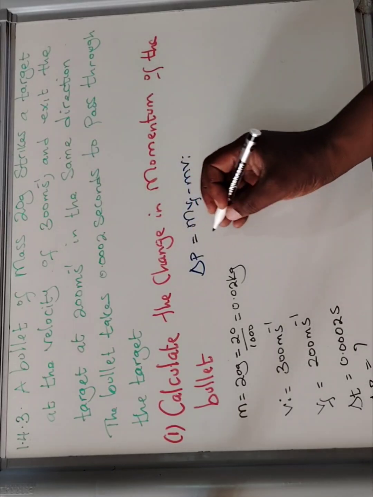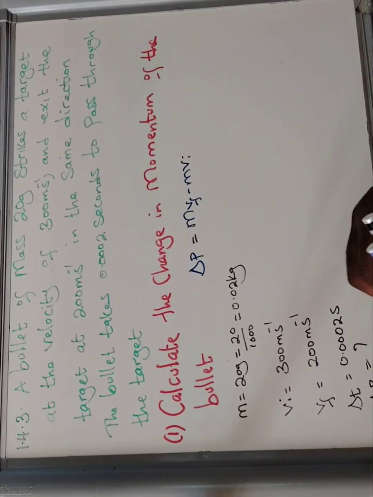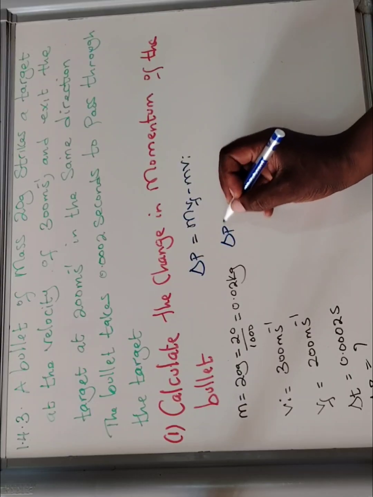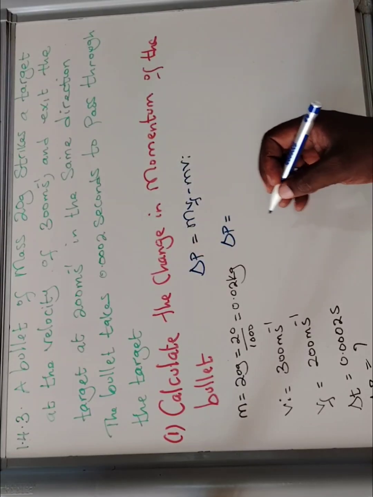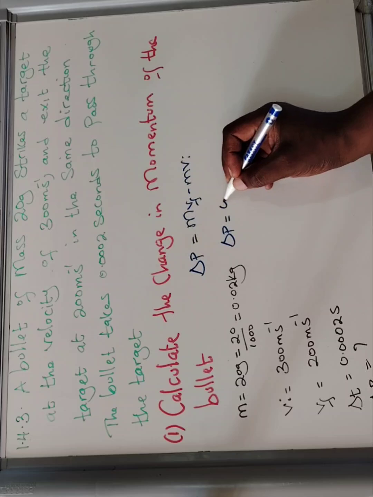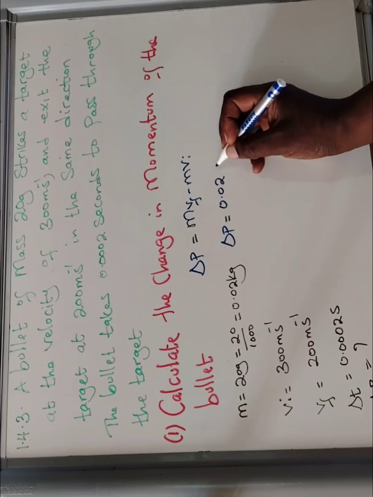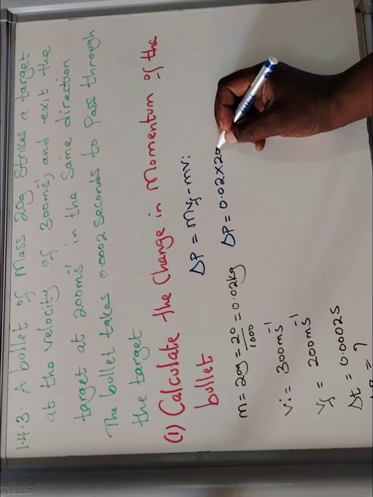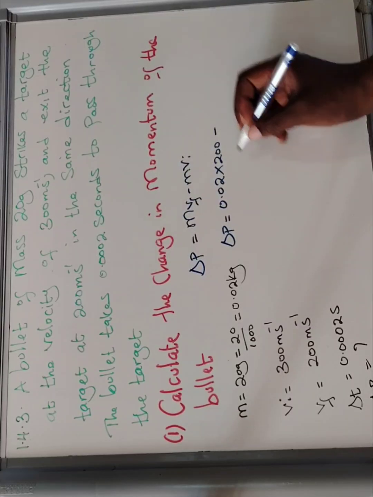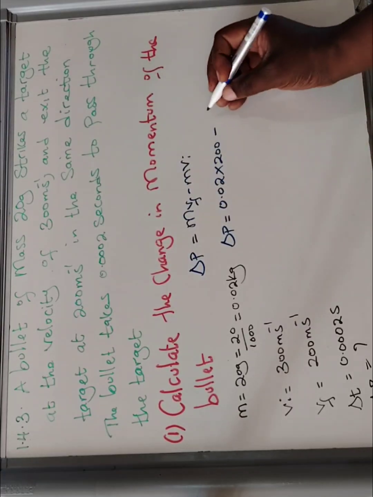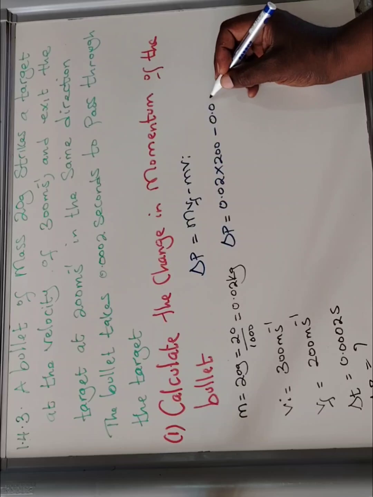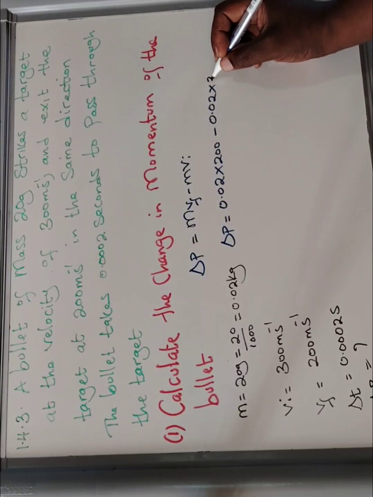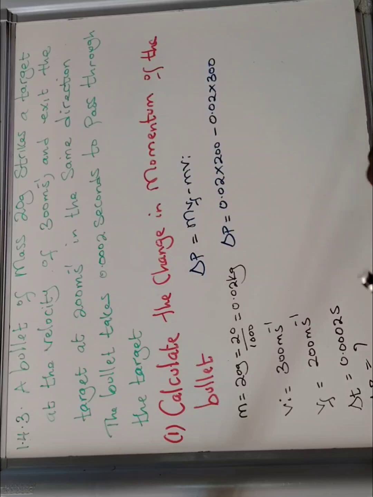So what are you going to say? We are going to say that change in momentum is equal to mass, which is 0.02, times the final velocity, which is 200 meters per second, minus that mass, 0.02, times the initial velocity, which is 300.